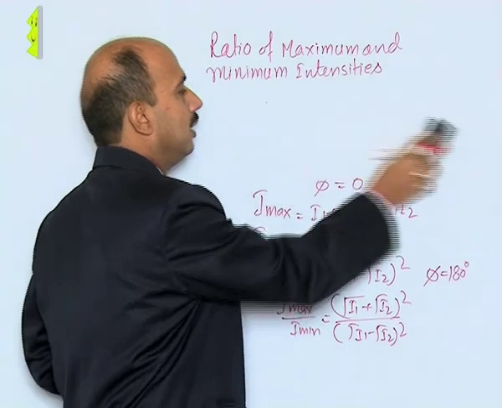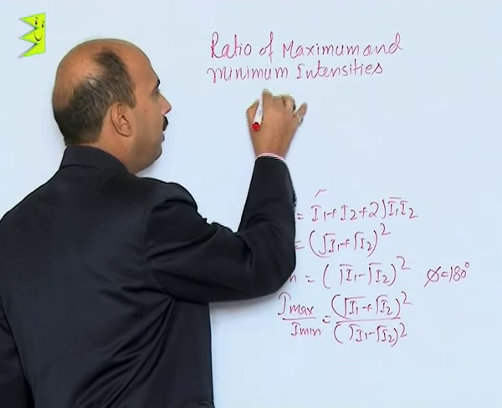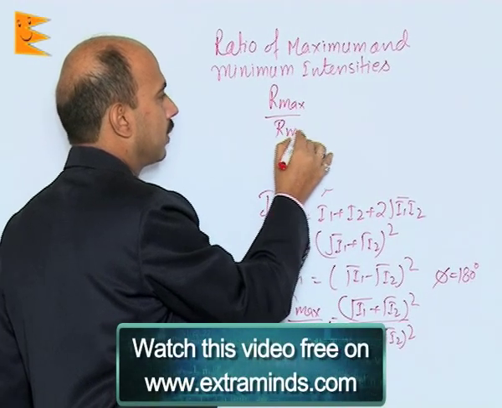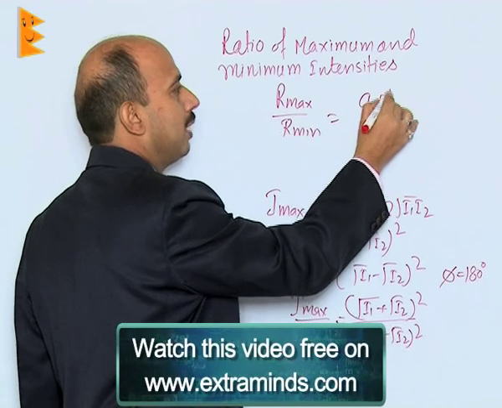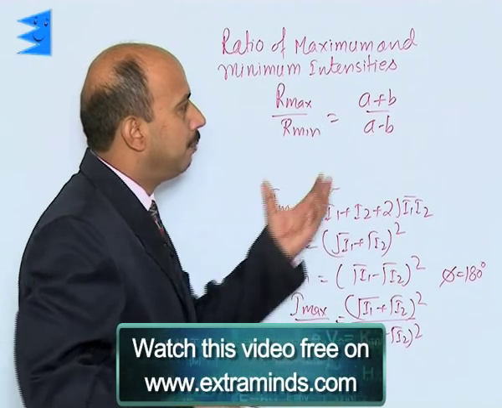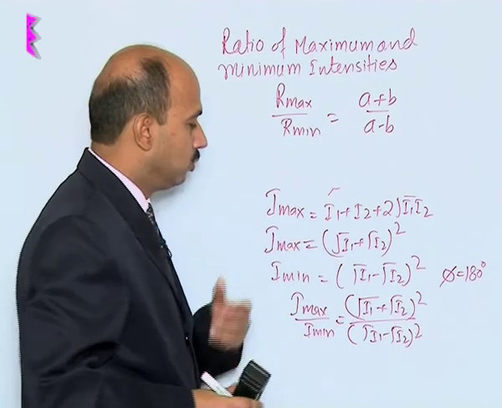Also, we can write the equation related to the amplitude. So, we will be getting R max upon R min is equal to A plus B upon A minus B, where A and B are the amplitudes of the two waves. Here I have not taken equal amplitudes.